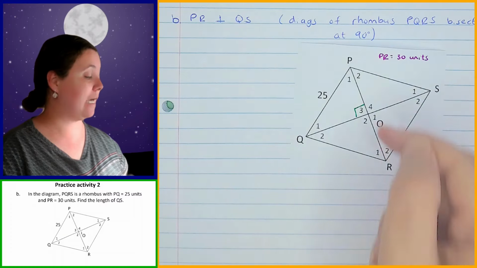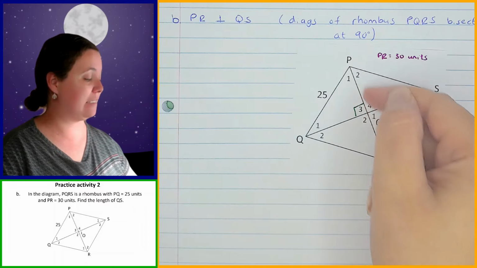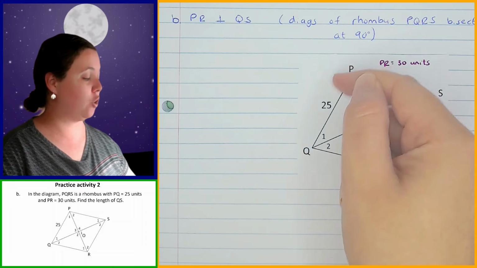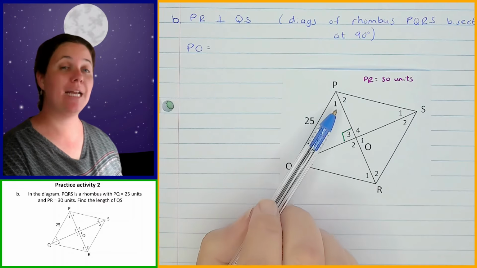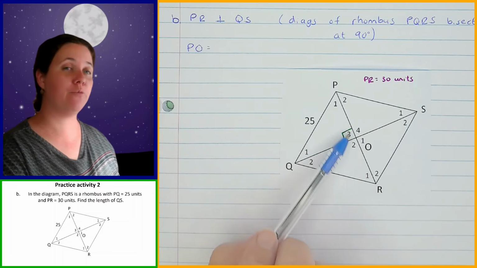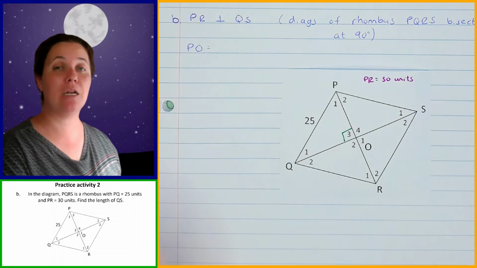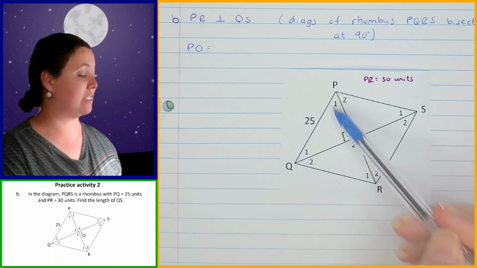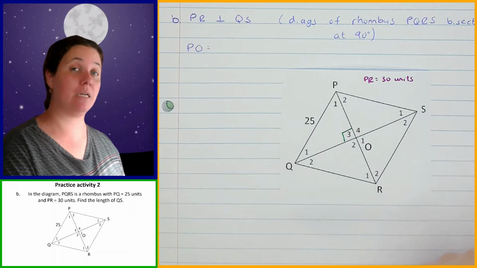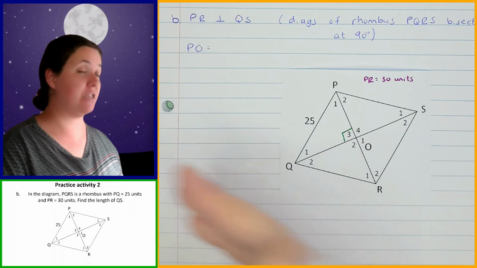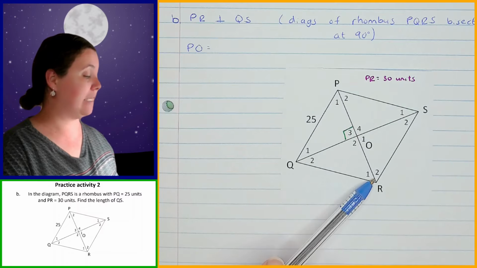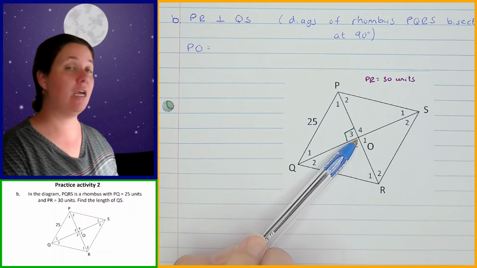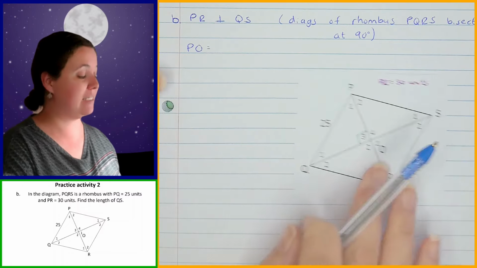Now next, I need to know what the length of this side is so that I can use this side along with that to work out what QO is. So I know that PO is half of PR, and the reason that I know that is because this is a rhombus and the diagonals of a rhombus bisect each other. They cut each other in half. So if PR is 30, that means that PO must be half of 30, which is 15 units.